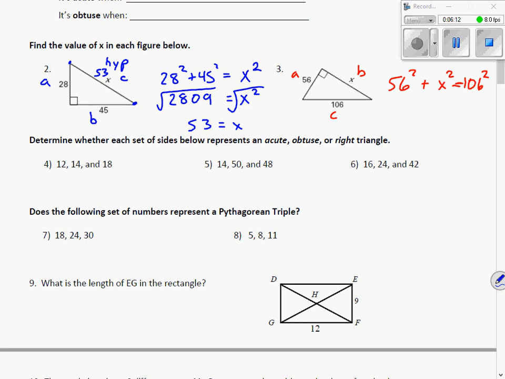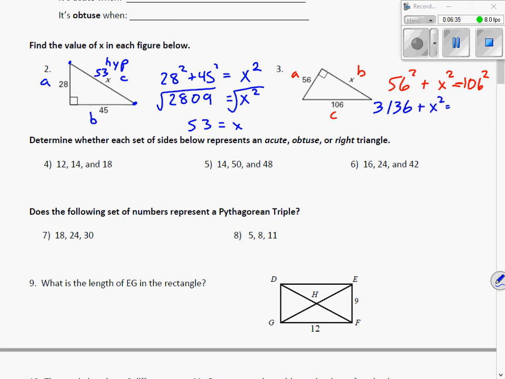Let's go ahead and multiply it out. 56 squared is what? We'll do it the long way for a little while. 3136, yes.